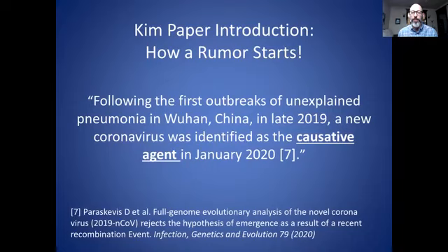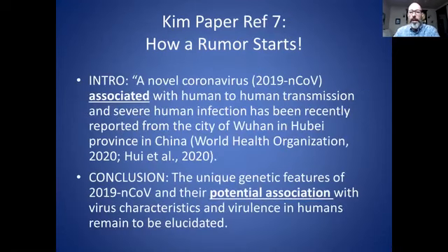So the science of that article would not be able to prove anything about causation. I went and looked at that article, and interestingly, it doesn't say anything about causation anywhere. In the introduction, it says that a novel coronavirus is associated with human-to-human transmission and severe human infection. So once again, association is not causation.